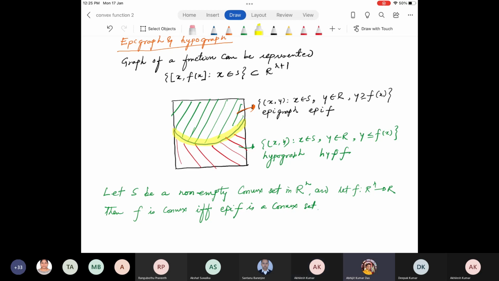Yeah, the epigraph is a convex set. Okay, can we say the same thing about hypograph?